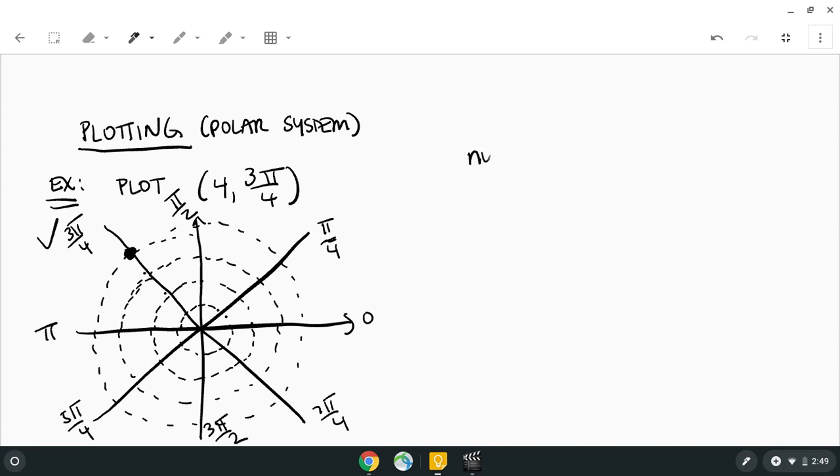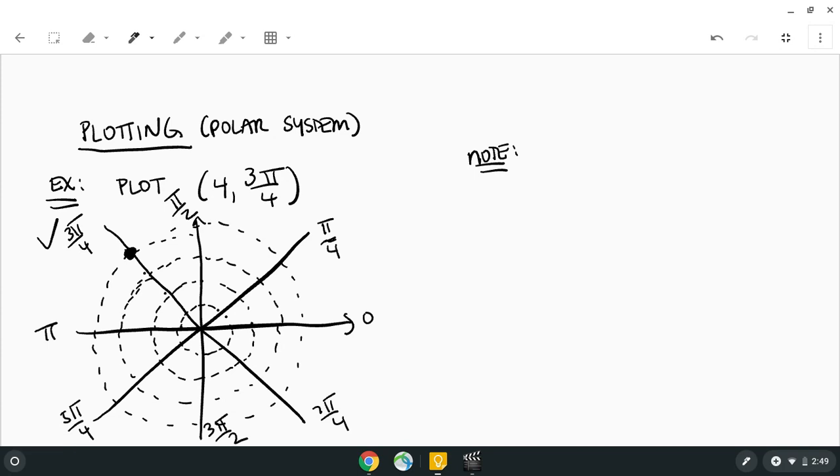Just note here that there are other ways to name this exact same point, because if you add a full circle, 2 pi, to your angle, you'll land in exactly the same spot. And same thing if you subtract a full circle, 2 pi, from your angle, you'll still land in the same spot.